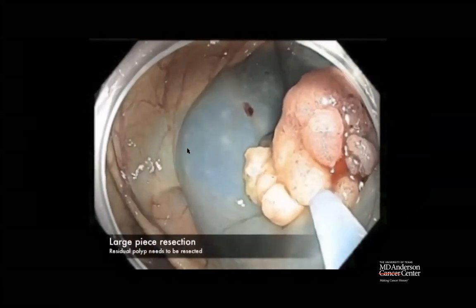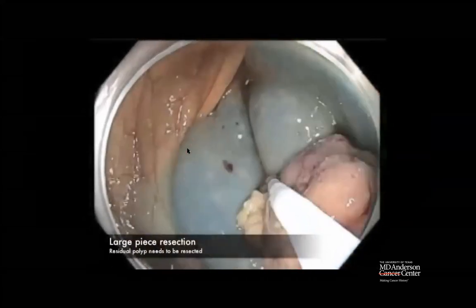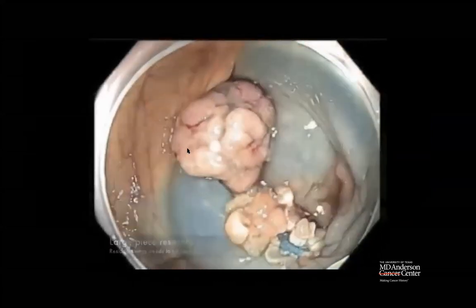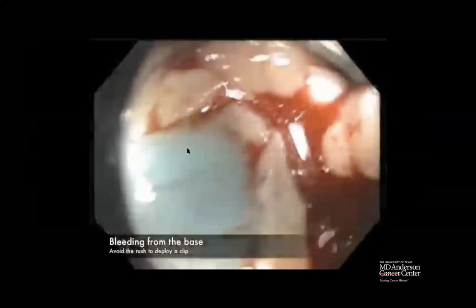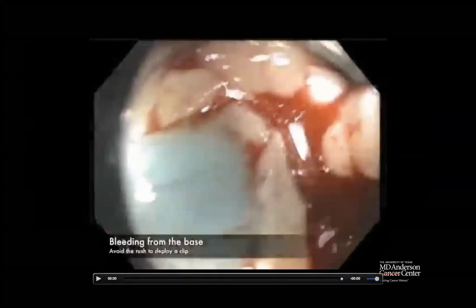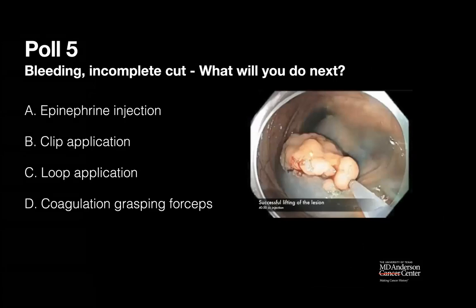And we thought that we should be able to cut en bloc, but we cut a large piece. It looked good, but you started noticing bleeding at the base. So you have this problem of bleeding from the base, and the polyp was cut 80–90%, but you still have something. And what will you do?